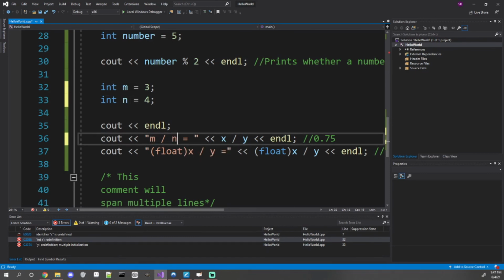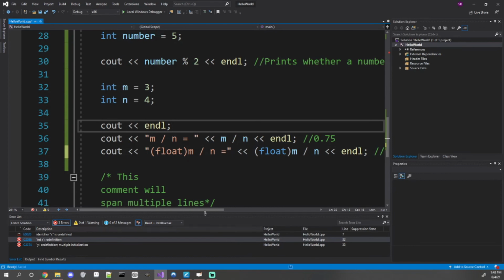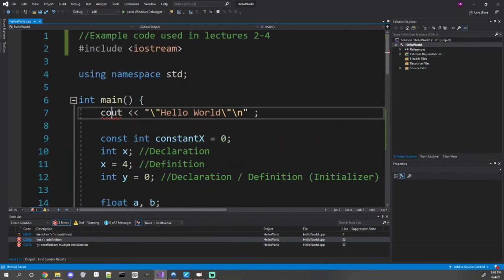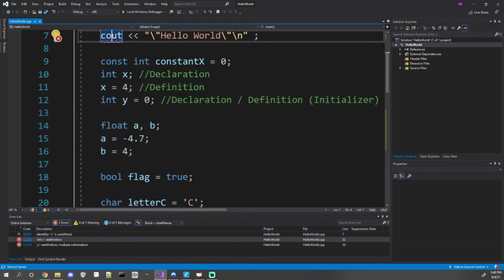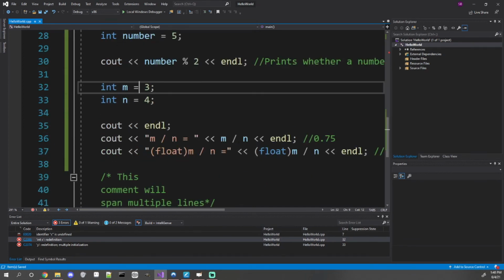So let's change the name of the variable. I guess that's a nice thing to know as far as our errors go. You can't redeclare a variable and just use it again, at least not in the same scope. So I had x earlier from the program that we wrote in the previous videos, and then I tried to make it again down here before I changed it, and it did not like that.